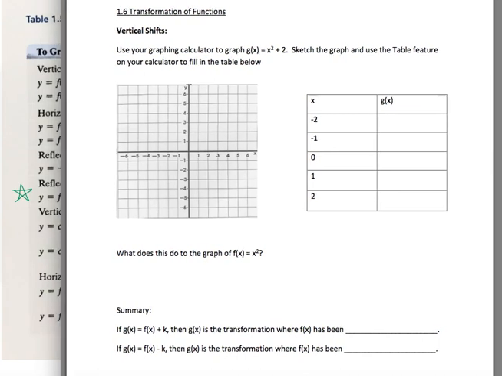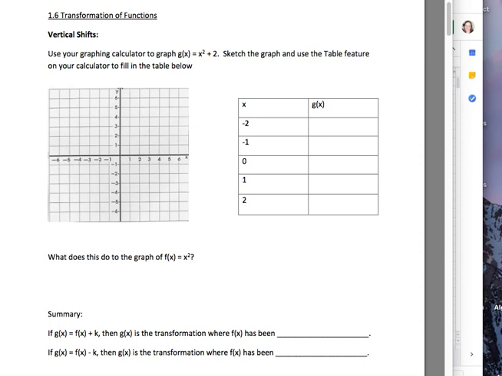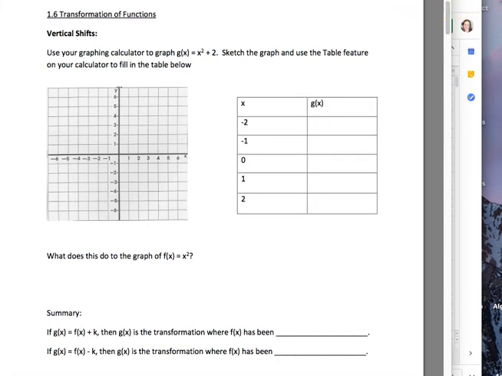I also am going to draw your attention to the packet that you have. We are going to do just a little bit of this packet together, and then the rest you'll finish up yourself.